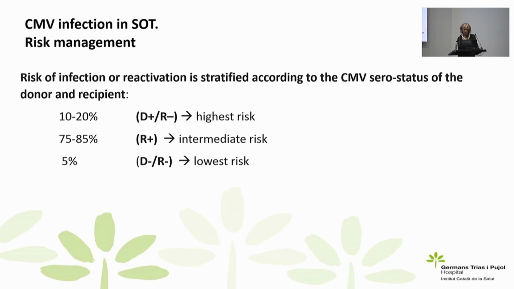The recipients that are positive, that means that sometime in the past have had contact with the virus and have built an immune response directed against the CMV virus, are at intermediate risk. And those who receive an organ that is negative, where the recipient is also negative, are at the lowest risk.